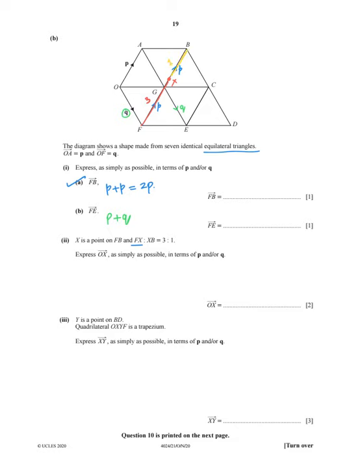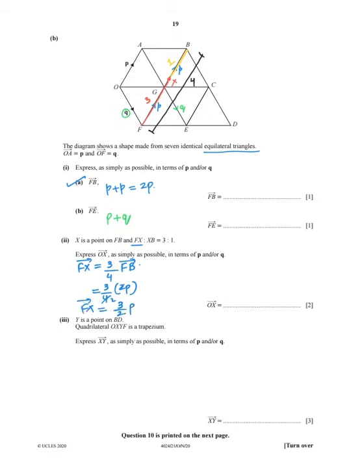So if I ask what is the total ratio, obviously the total ratio is 4. So for FX, I can say that FX is 3/4 of the vector FB. And FB we found in the first part, that is 2P. So it is equal to 3/4 of 2P. If you simplify it, that is equal to 3P divided by 2, and it is your FX.